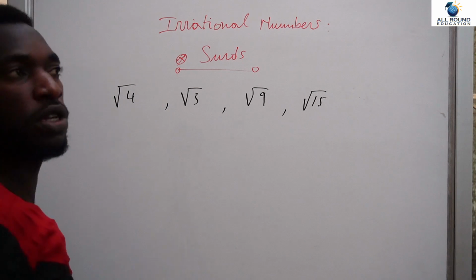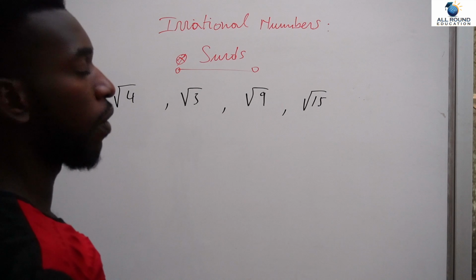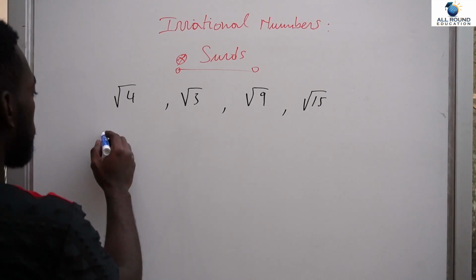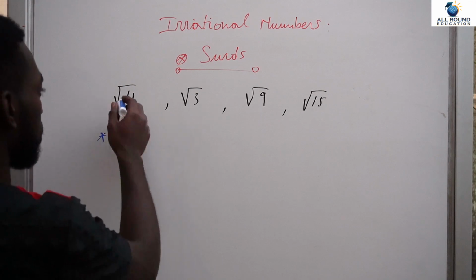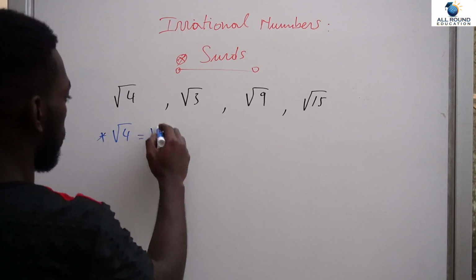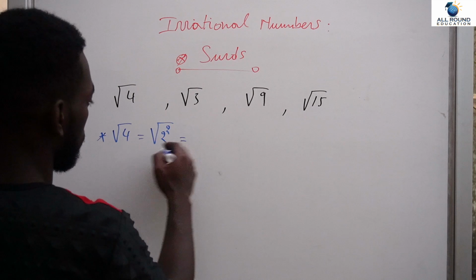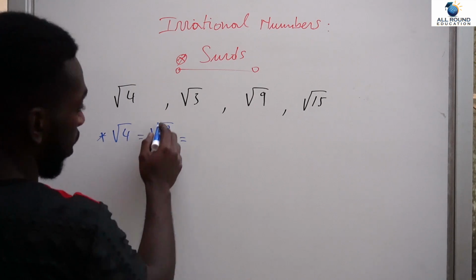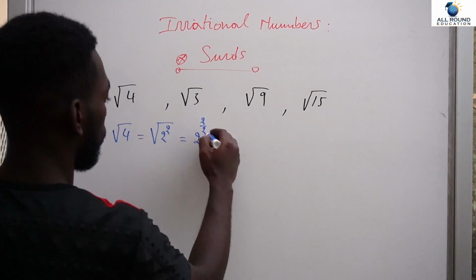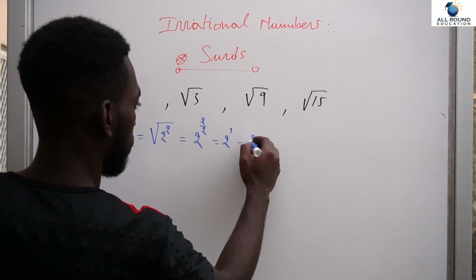Is square root of 4 a surd? I don't think so, right? Now let's check. The way you would check if a number is a surd, for instance, this one, square root of 4, could be written as the square root of 2 squared, which is 2 to the power of 2 over 2, which is the same as 2 to the power of 1, which is the same as 2.